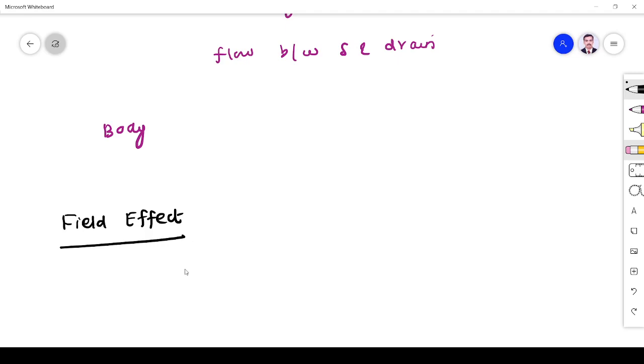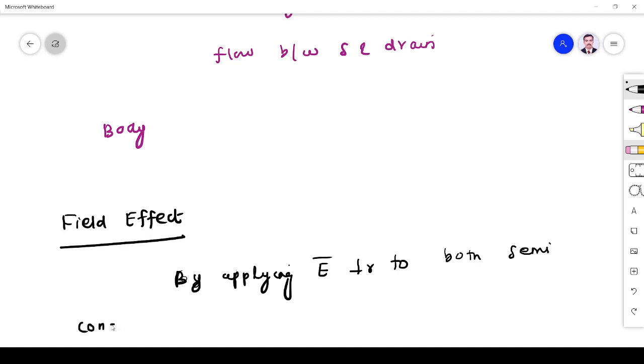Here what we are doing is applying an electric field perpendicular to the semiconductor and the current direction, and the current flow is controlled.